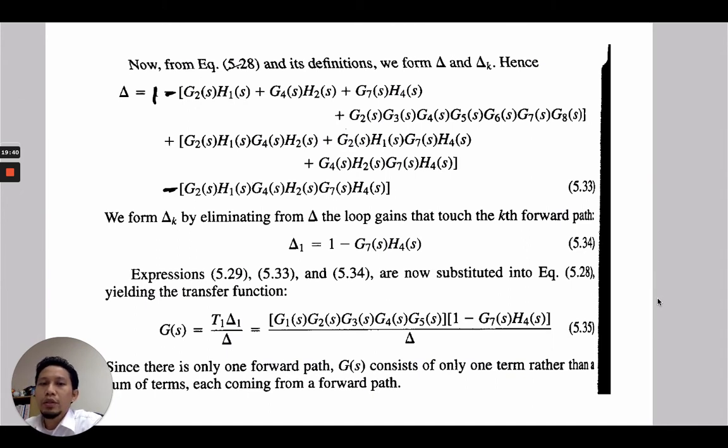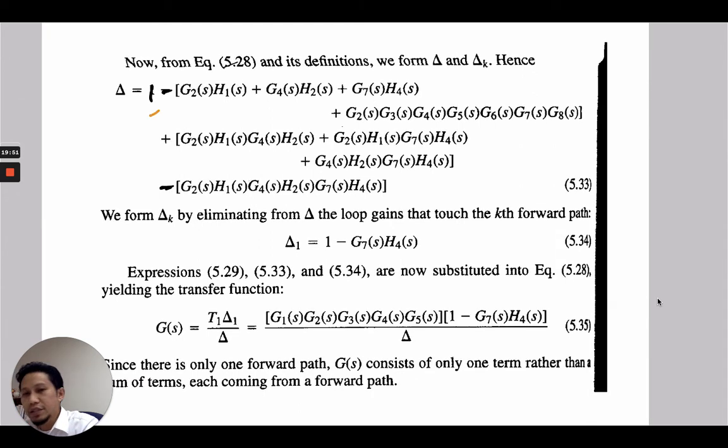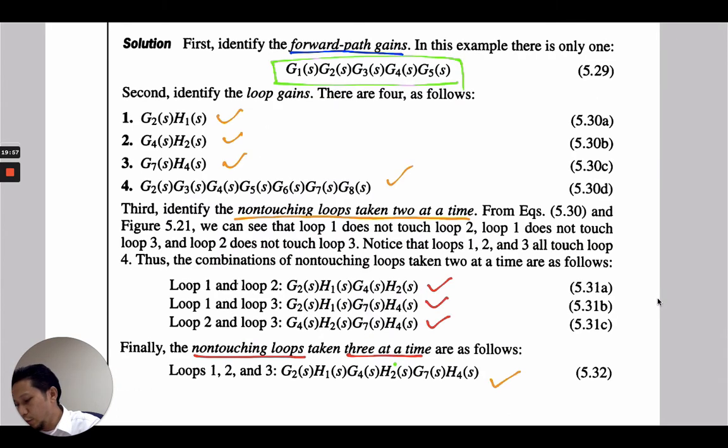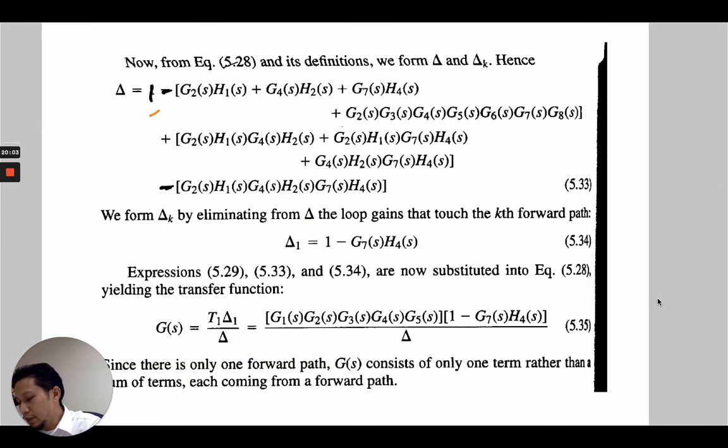We can use the Mason gain formula and find the delta. The delta, remember, is 1 minus the loop gains. How many loop gains do we have? We have 4 loop gains. So 1 minus 1, 2, 3, 4.